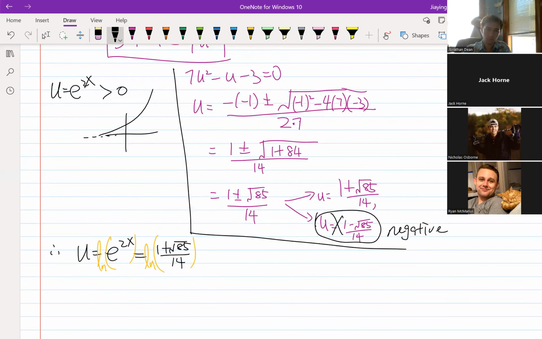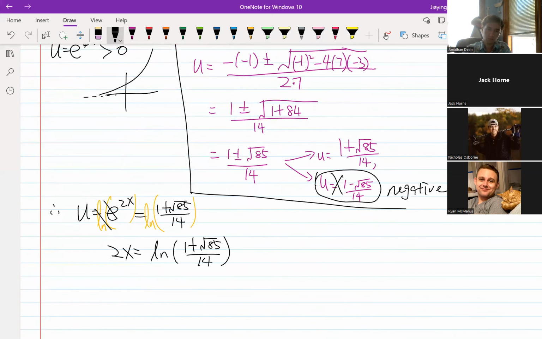On the left side, the natural log and the e cancel, giving 2x equals the natural log of 1 plus square root of 85 over 14. Now I'm going to divide by 2 to get x, so x equals 1/2 natural log of 1 plus square root of 85 over 14. So that's what x is.